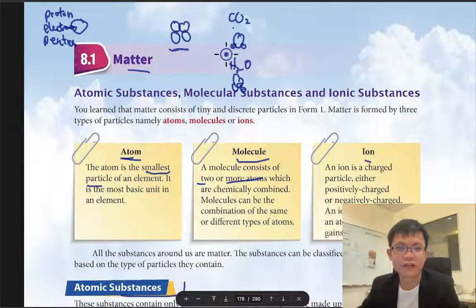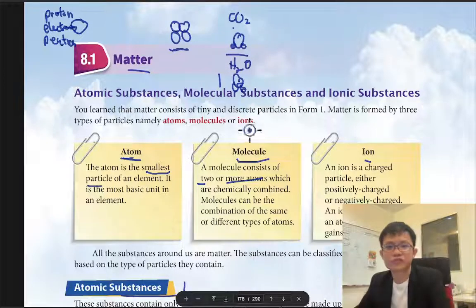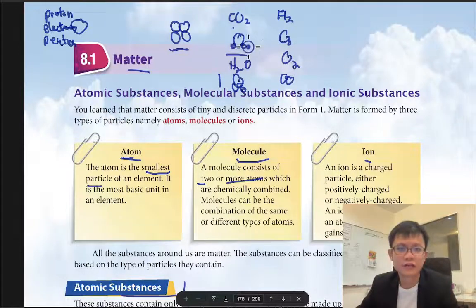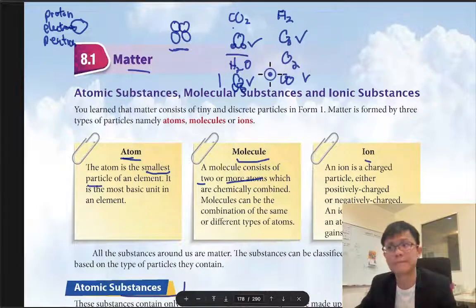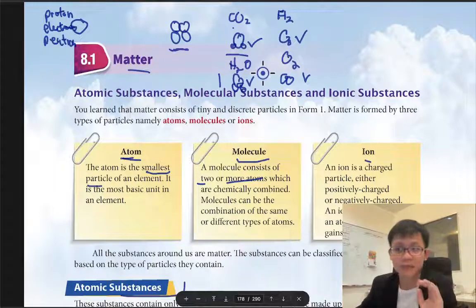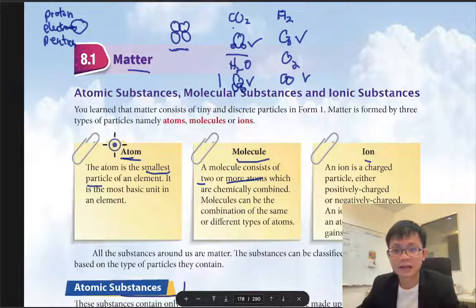Here in CO2 I can see 3 atoms, and here in H2O, 3 atoms as well. Hydrogen gas H2 will be just 2 atoms, and oxygen gas O2 will also be just 2 atoms. So a molecule is an atom, but a molecule is a bit more special. It's a combination of atoms, because when we refer to atom, it is a general meaning.